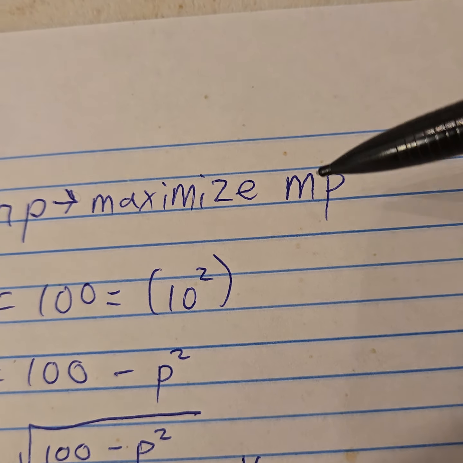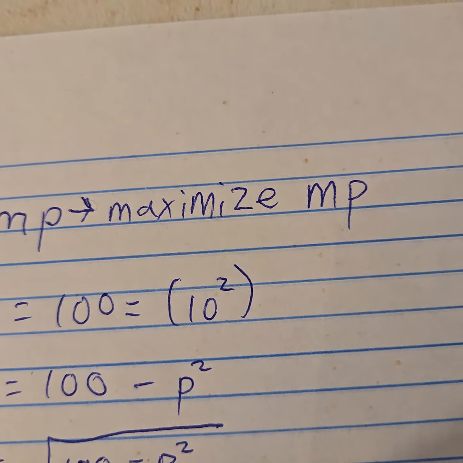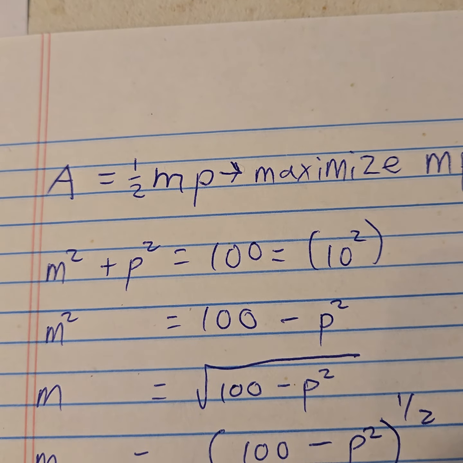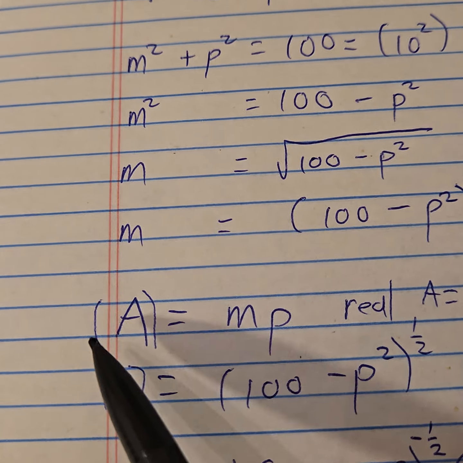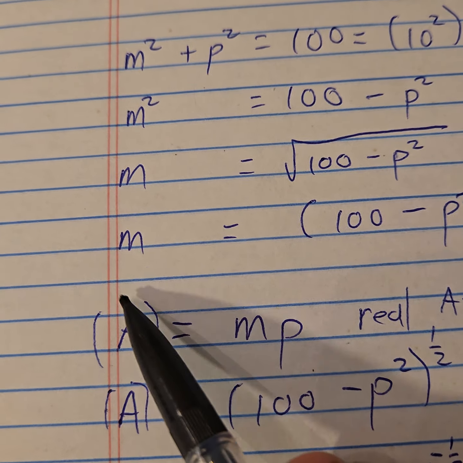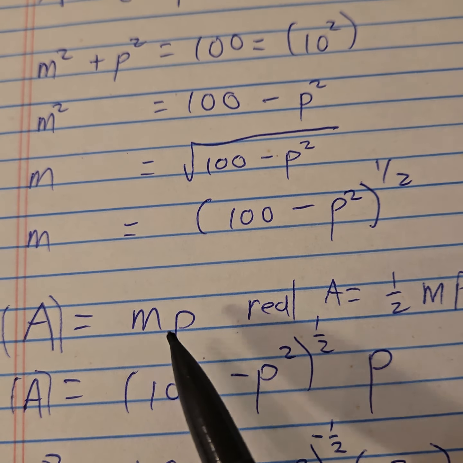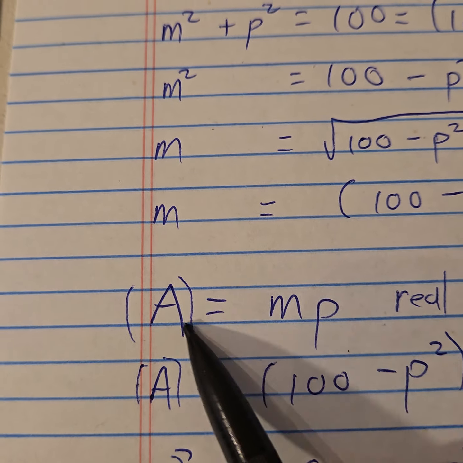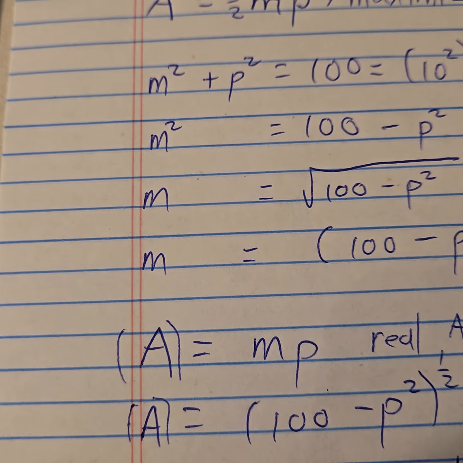Half MP is maximized when MP is maximized, so I'm going to work with MP instead because it's a little bit easier. I just chose this notation that A in a bracket is MP, whereas the real area is half MP. So I just put that in a bracket so I don't get confused.